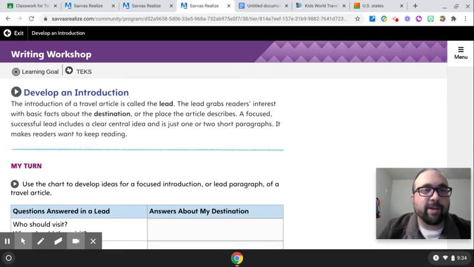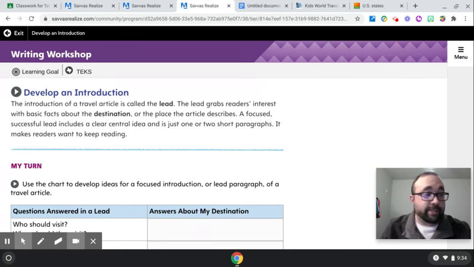So you show them all these really cool pictures, tell them about it, describe it to them. And remember, explain that an excellent travel article, okay, it always begins with a focused introduction. And focus means it is to the point, right?